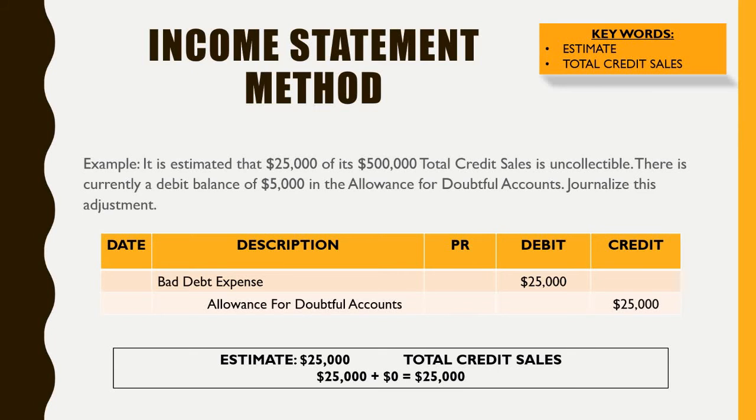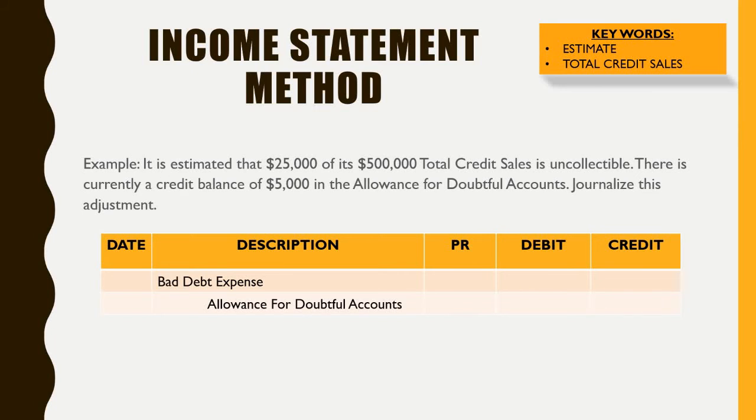All right? So let's test you one more time. Same scenario, except this time it is estimated that $25,000 of a $500,000 total credit sales is uncollectible. There's currently a credit balance of $5,000 in the allowance for doubtful accounts. Journalize this adjustment.